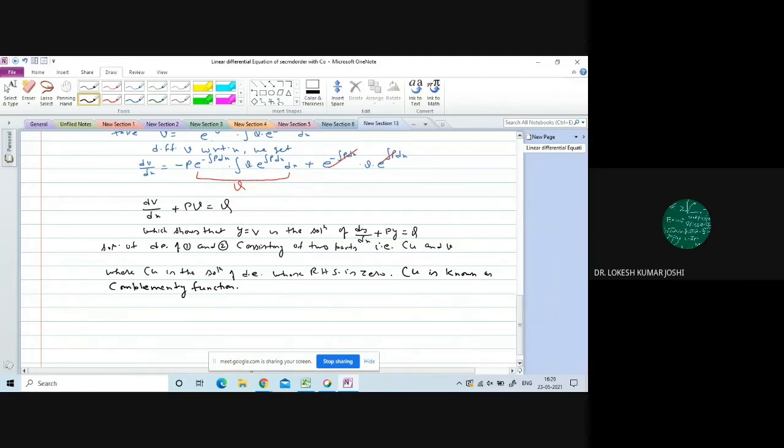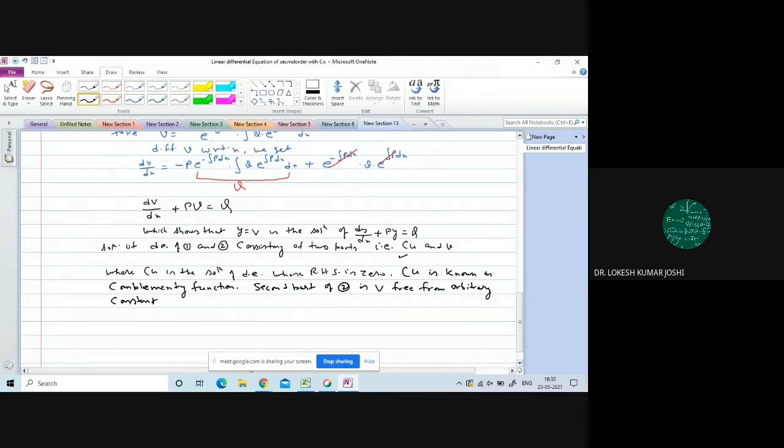Now, what about the second part? The second part of equation 2 is v, and it is free from arbitrary constant. Here we have c working as an arbitrary constant, but this part v is free from arbitrary constant.